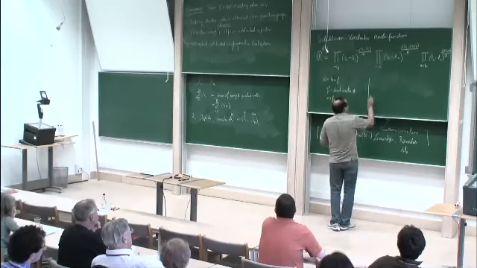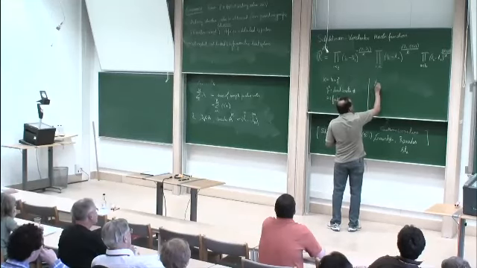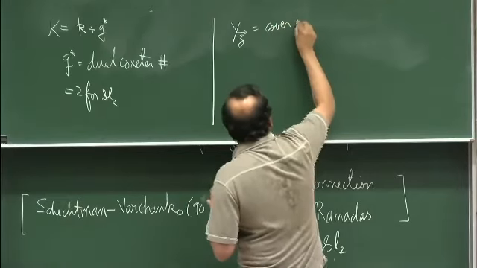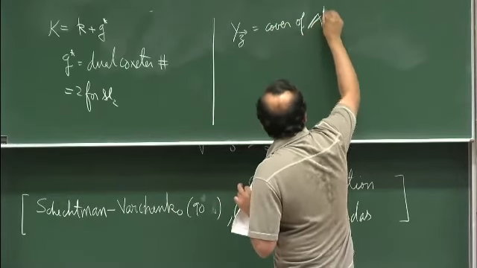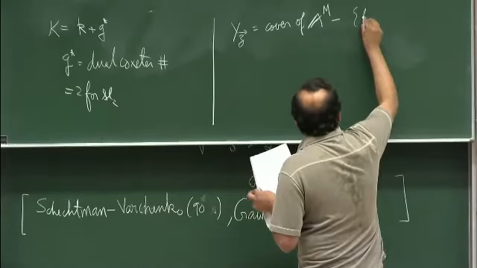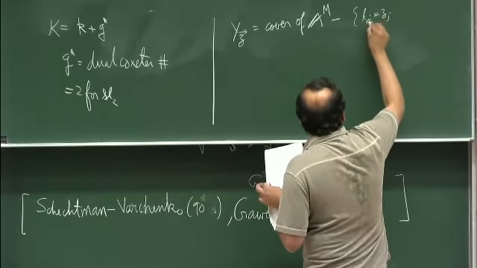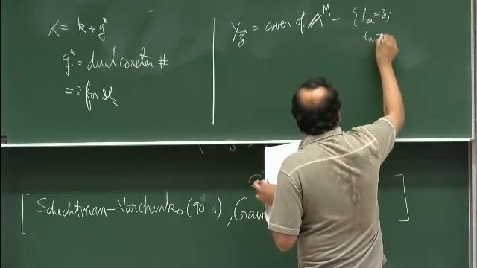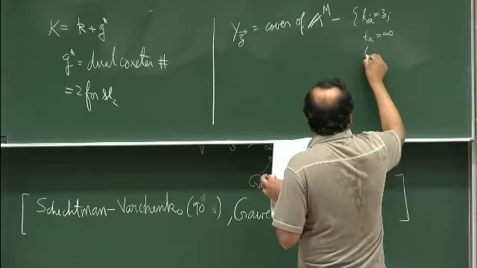So we can let YZ equal the cover of A^m minus various diagonals, right? So A^m minus Ti equal to Zi, Zj, Ta equal to Zj, Ta equal to infinity, Ta equal to Tb, right?